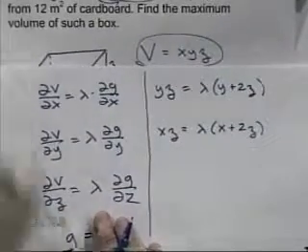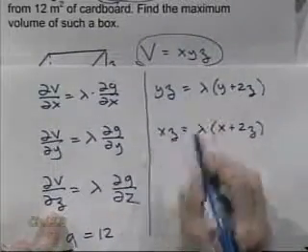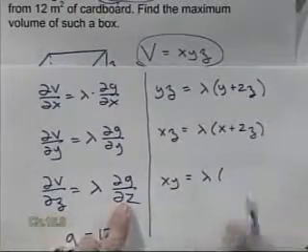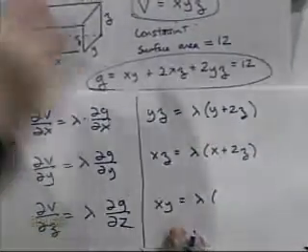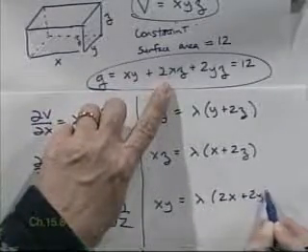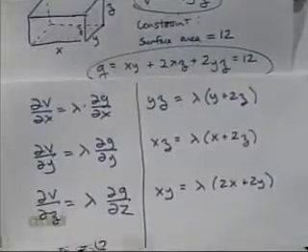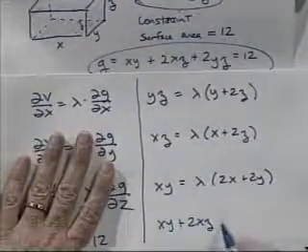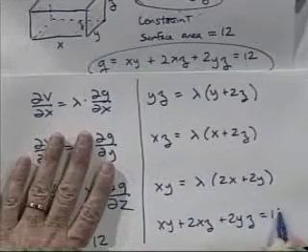So looking right here, the partial of v with respect to z is xy. And the partial of g with respect to z is, let's see, going to be 2x plus 2y. And then we have to have g equals 12. xy plus 2xz plus 2yz is equal to 12.